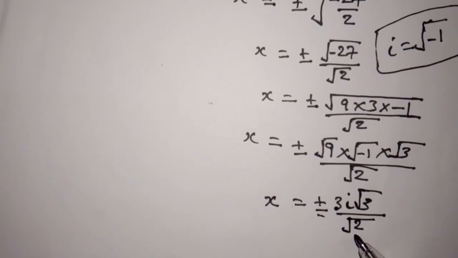Now this is square root of 2, a radical. We want to multiply both numerator and denominator by square root of 2 in order to get rid of the radical sign in the denominator.